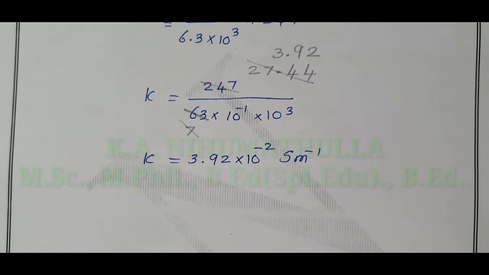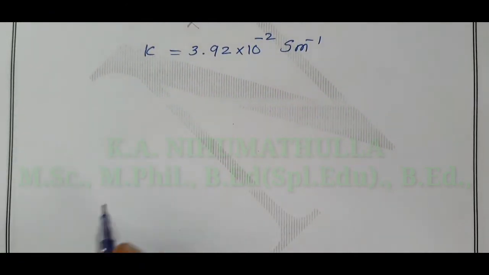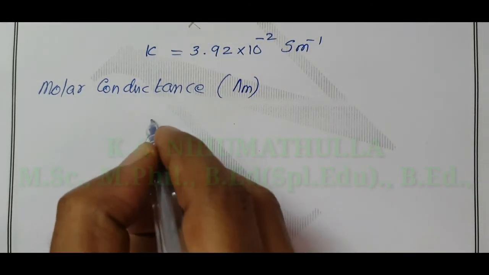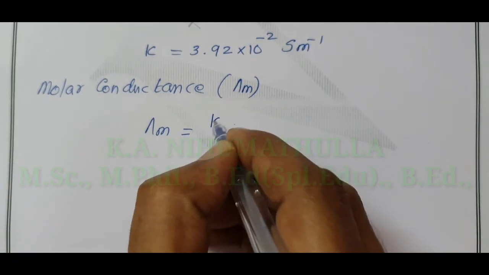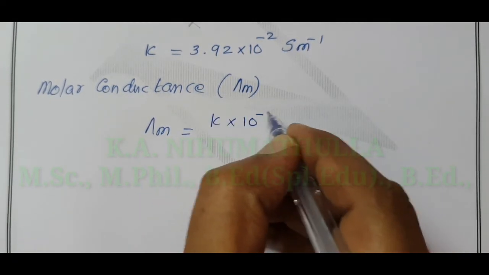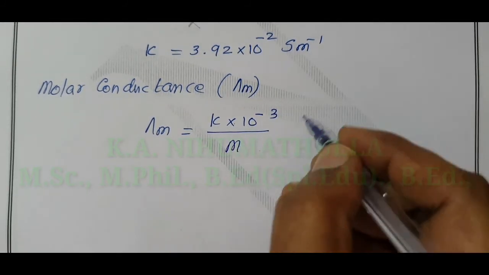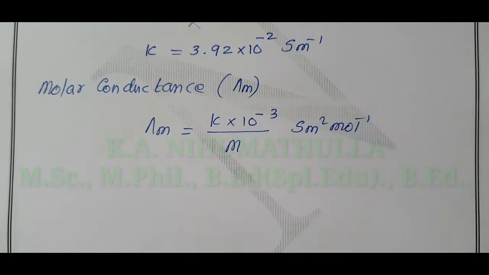Now, we have to calculate the molar conductance value of NaCl. Molar conductance, capital lambda m, equal to, what is the formula? Kappa into 10 power minus 3 divided by molarity, the concentration in molarity, in Siemens meter square mole power minus 1.